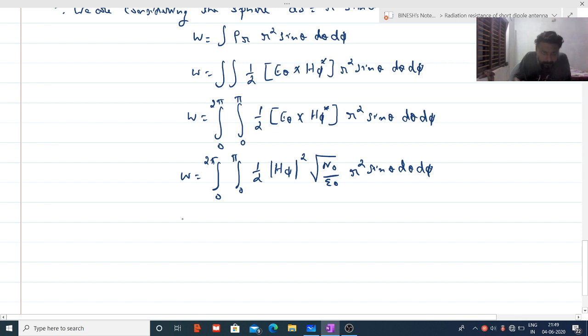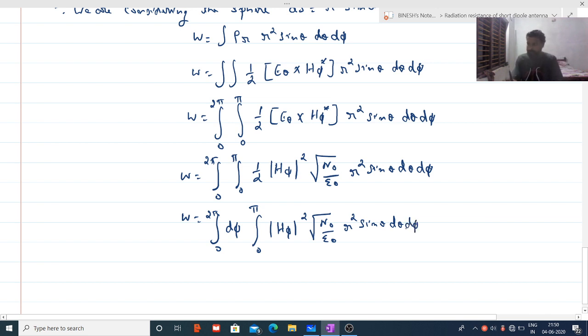So W is nothing but integral 0 to 2 pi with the d phi, and integral 0 to pi H phi square root of mu naught by epsilon naught R square sin theta d theta. Sorry, d phi already has been taken, so we require only d theta. It's clear.